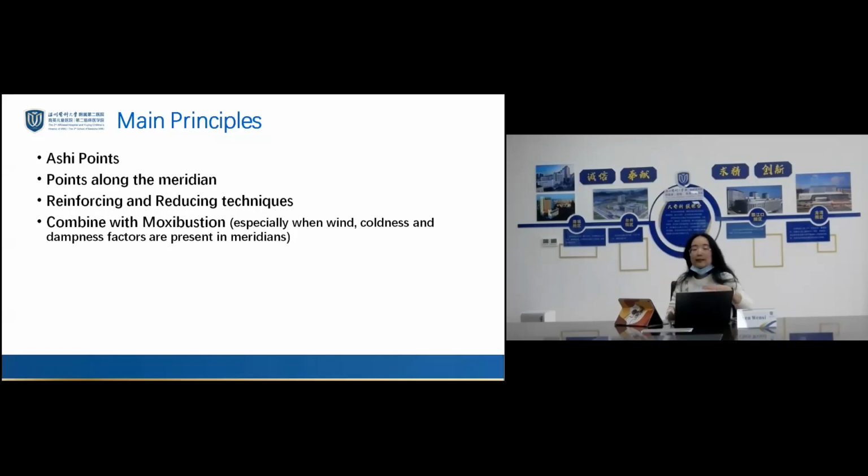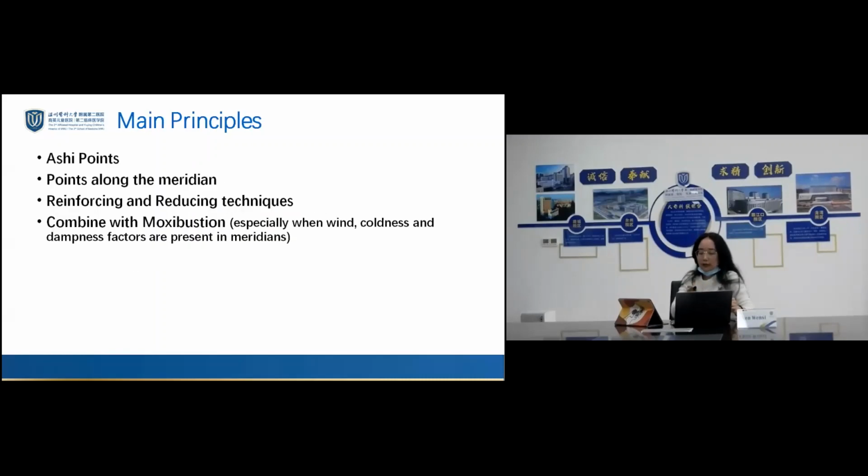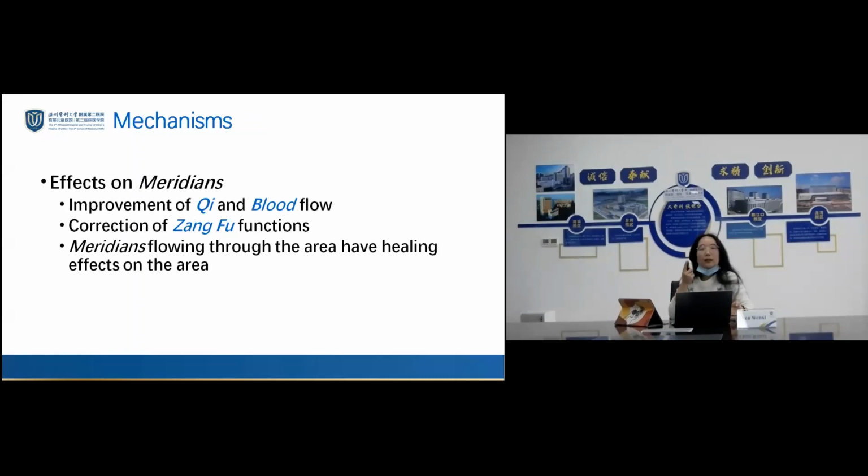And then sometimes if it's a cold, we can combine with the moxibustion, especially when it's wind, coldness, and dampness. That's for the headache, and sometimes it's also used on other kinds of pain disease. And the effect on meridians, we can have the improvement of qi and blood flow and regulation of the zang functions.